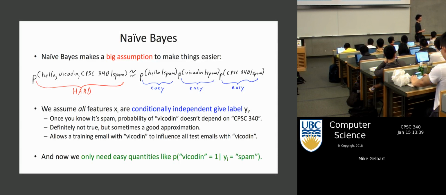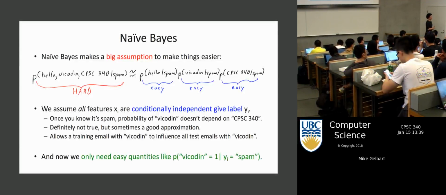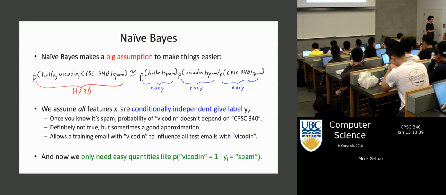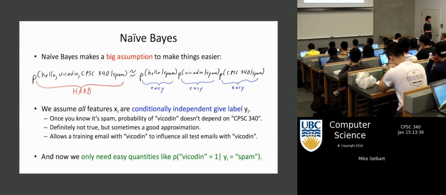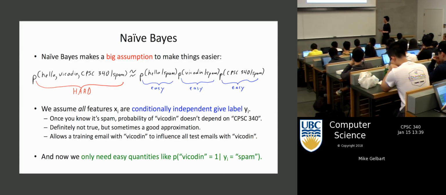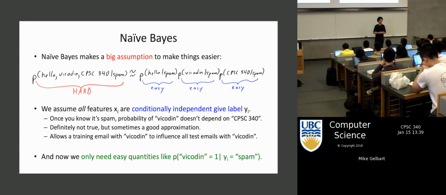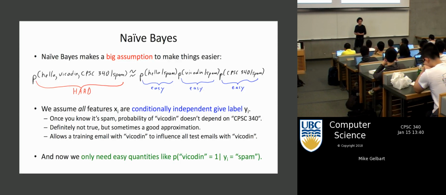Yes. Miriam. So this assumption means that if you want to use naive Bayes for every application, first of all, you should make sure that the condition holds. Yeah, Miriam is basically asking, I think, if we want to use naive Bayes, do we need to make sure that this is true for our features? And I guess not really.